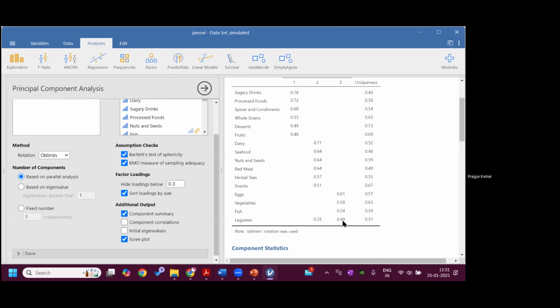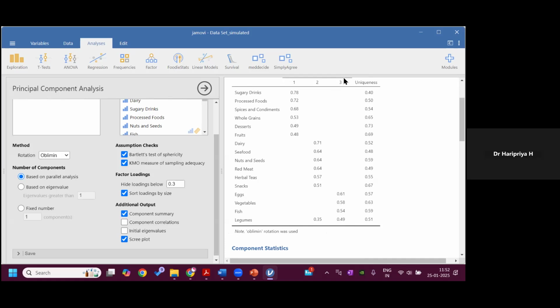There can be a scenario where the difference between these two will be more than 0.2, like had it been 0.6, then you will consider this legume under component 3. Am I making myself clear to all of you? I have used this term cross loading, but I had not demonstrated it.